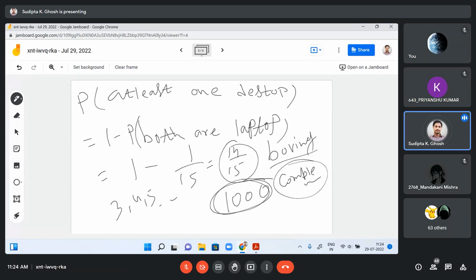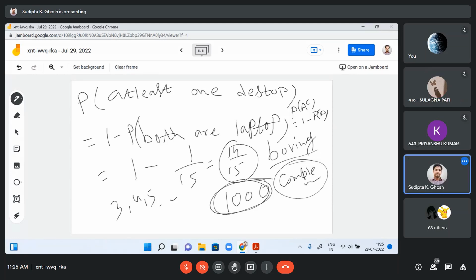If you use the logic that probability of A complement is equal to 1 minus probability of A, the calculation is much easier and takes less time. Remember, it is extremely important.